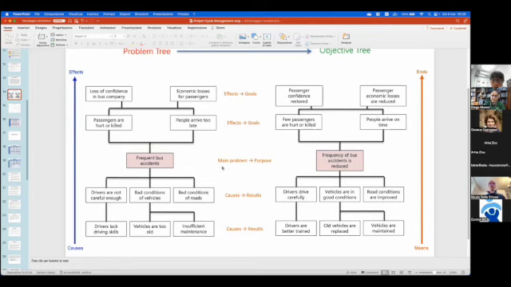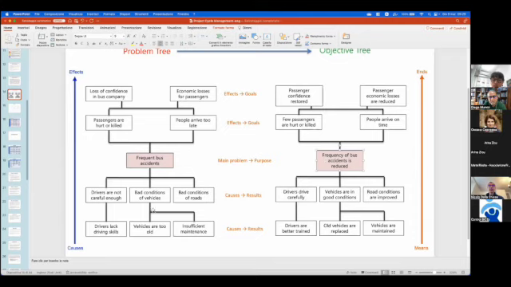This is why the structure is normally done in this way, so that we have only one central problem that corresponds to one central objective, which is the purpose of our project.